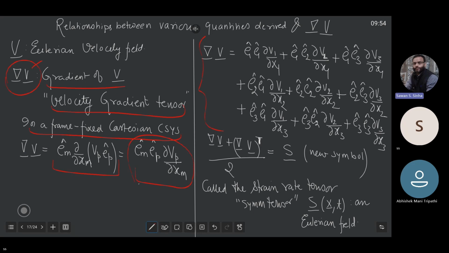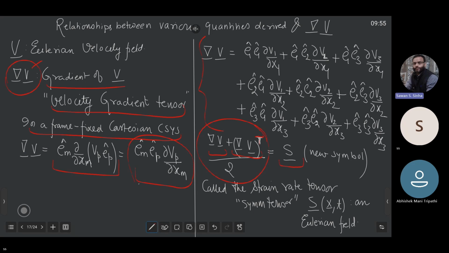Now let's define another tensor, which is this. What is this T here? Transpose. The original second order tensor plus its transpose, divided by 2. Let's use this new symbol S for that.